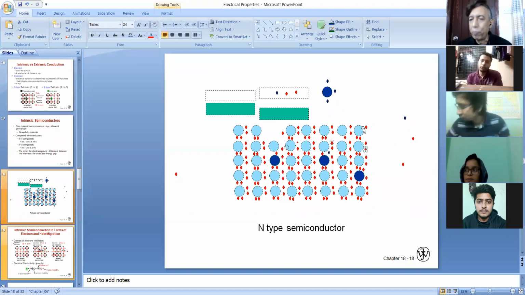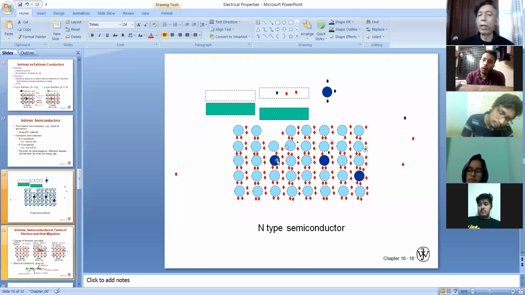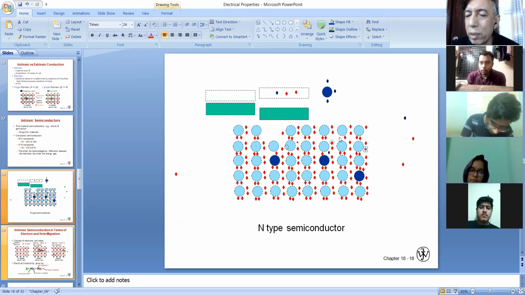So hole can move. Now, you'll find 3 holes for 3 aluminum atoms and 2 other holes. Where? One is here and one is here.